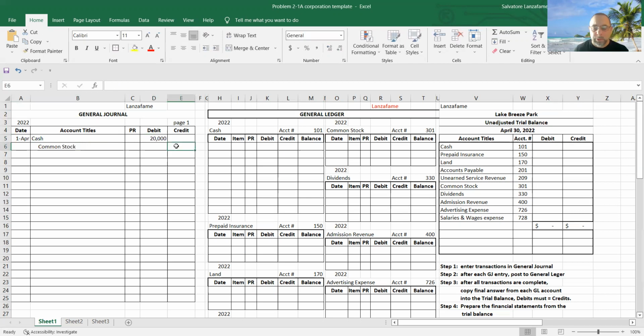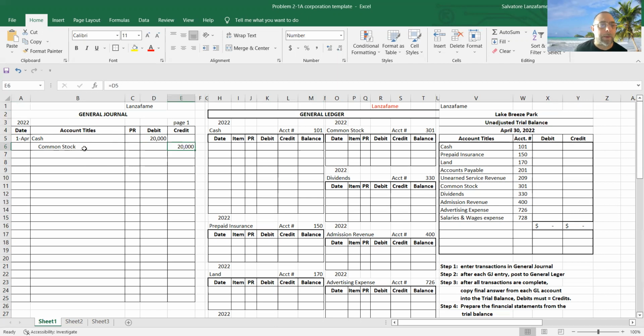Remember that when you do journal entries, you have to follow a protocol, and that protocol is debits first and then credits come afterwards, and credits are always indented. If you notice here, the debit is to the left, the credit is to the right, and my amounts mimic that formation. No matter where you are in the world, this is the process of doing the bookkeeping aspect of accounting.